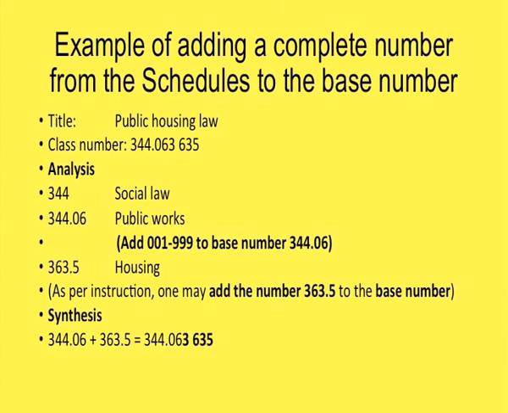We find that 363.5 is the number for housing, and as per the instruction the classifier can add the number 363.5 to the base number.